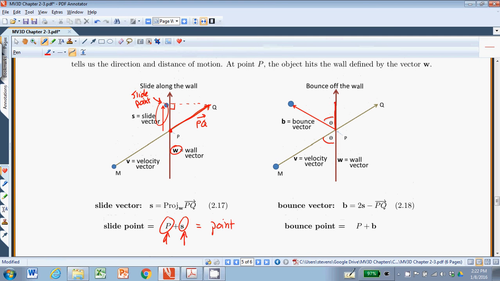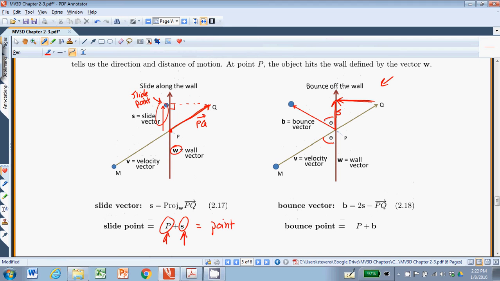That was S. So what I'm going to do is go over from S like that, and that's going to give me my bounce. But that's just this vector right here, from Q to the end of S if I start at P. So I want to look at this vector.